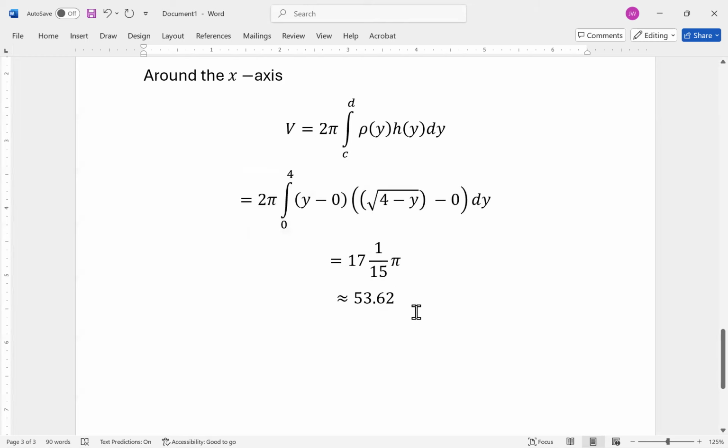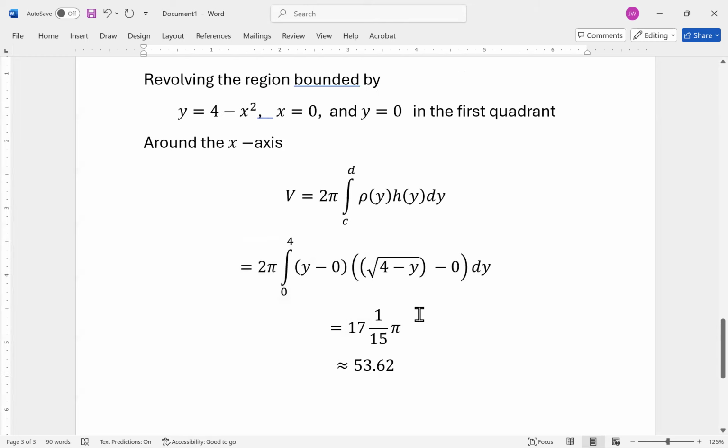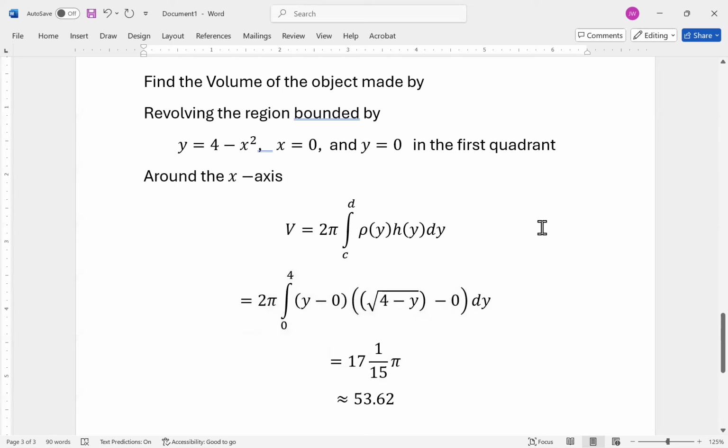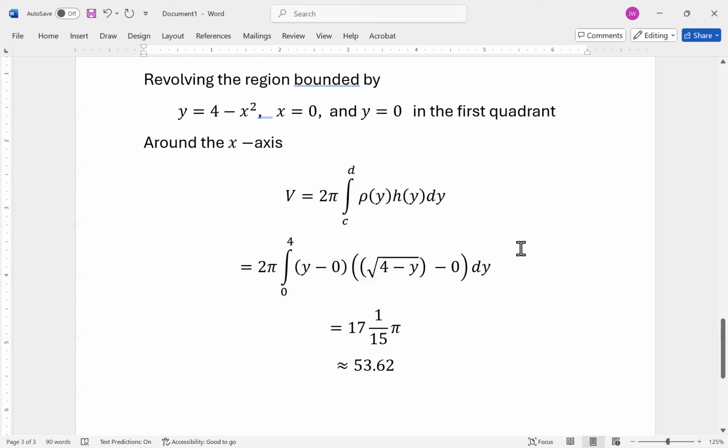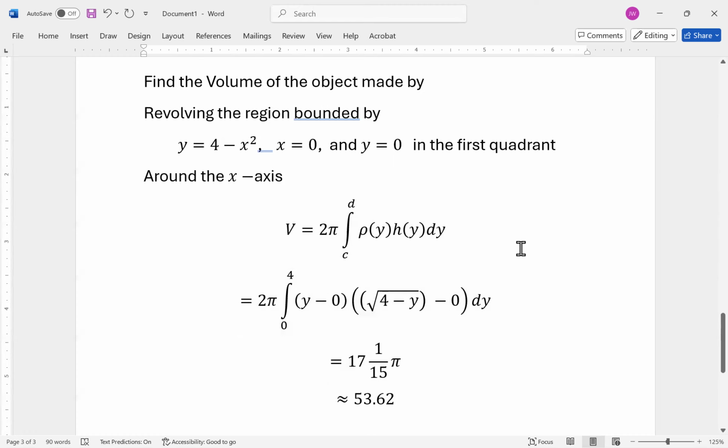This is the volume, and if you remember, this was the exact volume that we got using the disk method. So we've done this problem using the disk method as well. Using the disk method, it was just pi times radius squared, and the radius was 4 minus x squared down to 0.